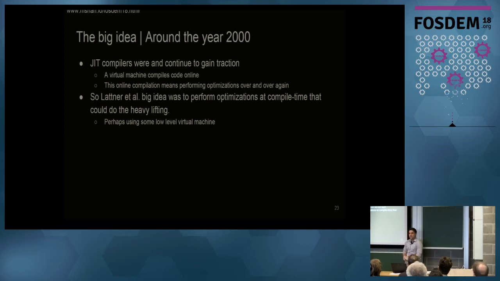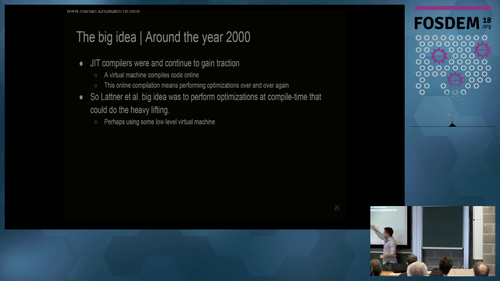Every time you run the program. So at the time, Lattner and his advisor and some others had a big idea: can we perform these compiler optimizations at compile time? How much of the heavy lifting could we move to compile time, before we run a program, to increase performance?